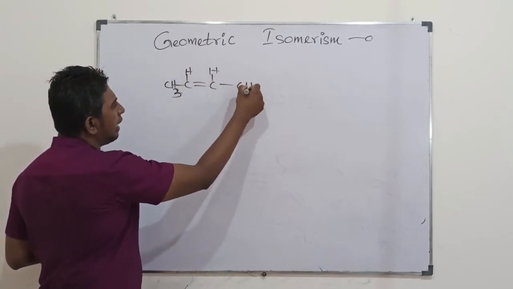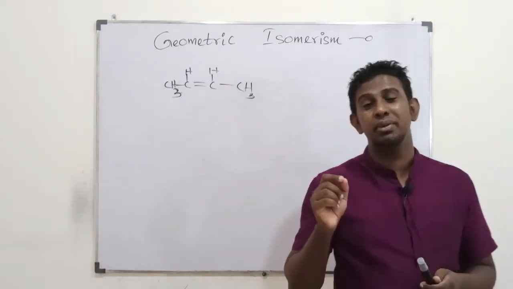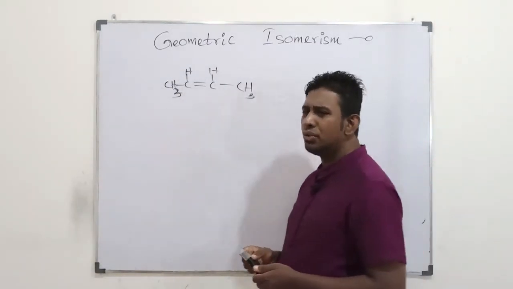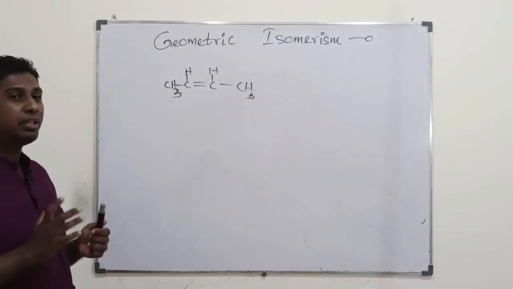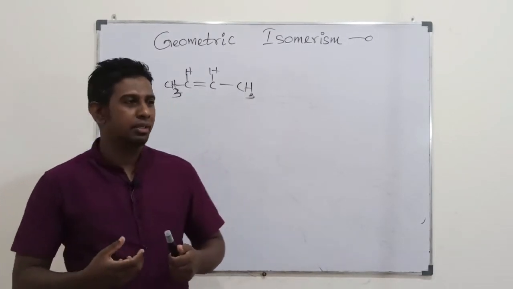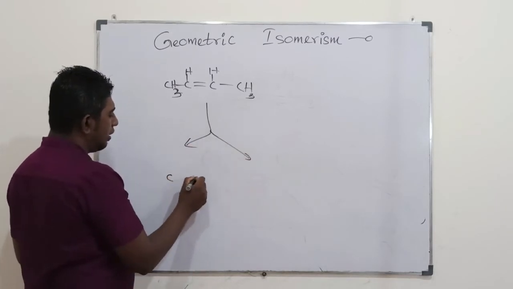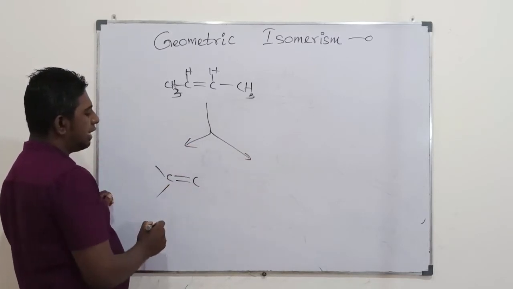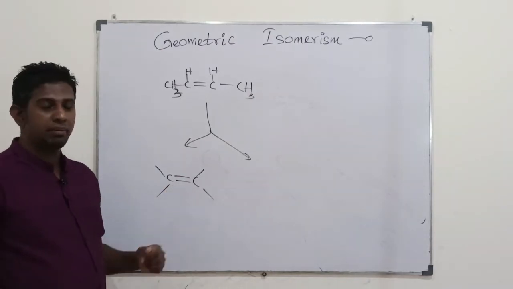This is the structural formula standing for 2-butene. Students, you could find this 2-butene carrying two structures existing as two compounds. So this is the carbon-carbon double bond. So geometry is trigonal plane and trigonal plane.